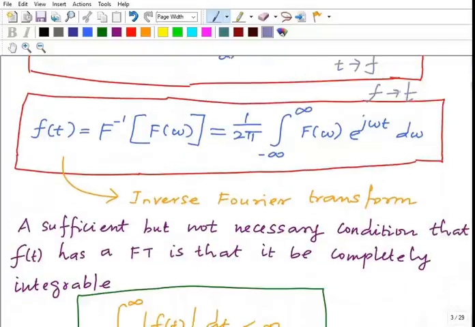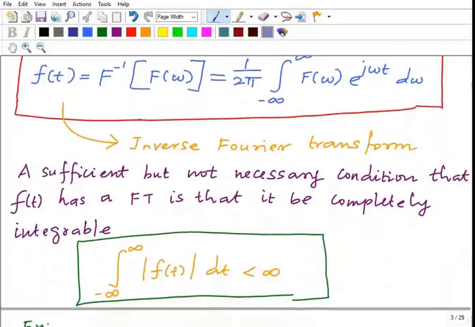Next, what is the sufficient condition for the Fourier transform of a signal f of t to exist? This is the condition: the integral from minus infinity to plus infinity of absolute f of t dt should be less than infinity. If this condition is not satisfied, then the Fourier transform for that aperiodic signal f of t does not exist.